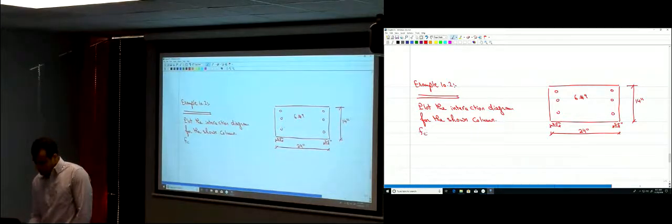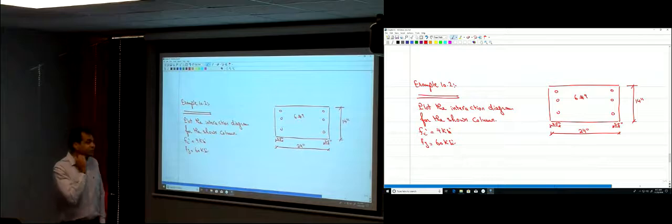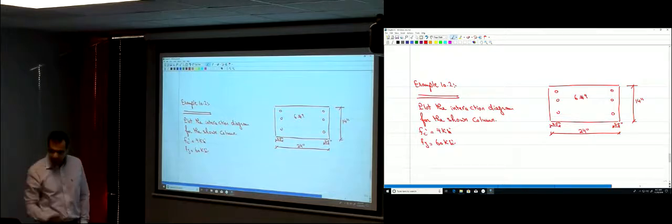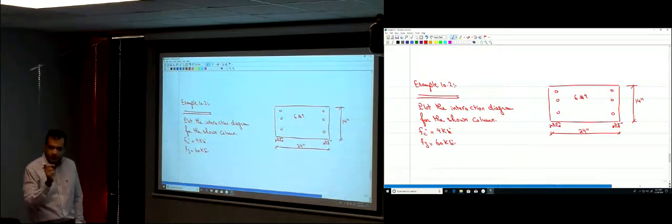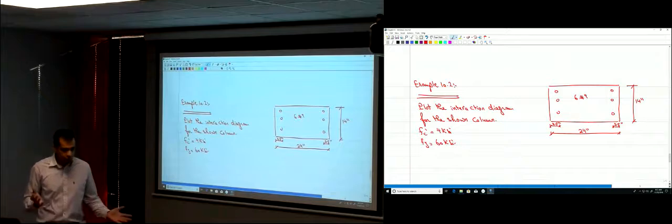For the material for this column, fc prime is 4 ksi and fy is 60 ksi, it's grade 60 steel. So to plot the interaction diagram, I just need to plot as many points as I can, and then connect them on that curve. Each point is Pn and Mn. That gives me a different strain distribution.